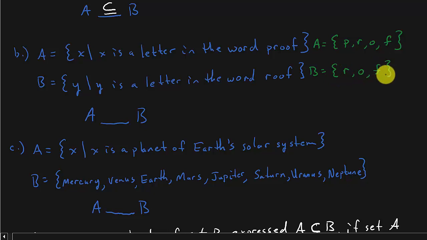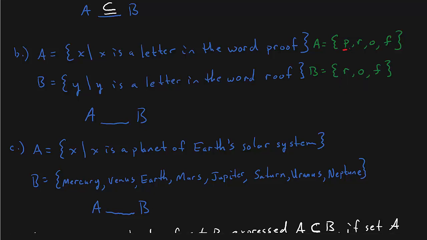All right. So all I did is I just listed the elements out using the roster method. And notice in both of them, the O appears twice. Well, I'm only going to write it once. Okay. So let's see. Is A a subset or not a subset of B? Well, right off the bat, we see P is in A, but it's not in B. So we can stop right there.